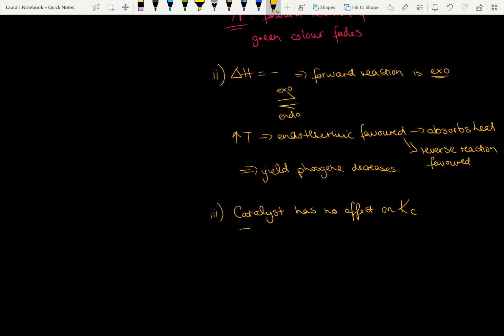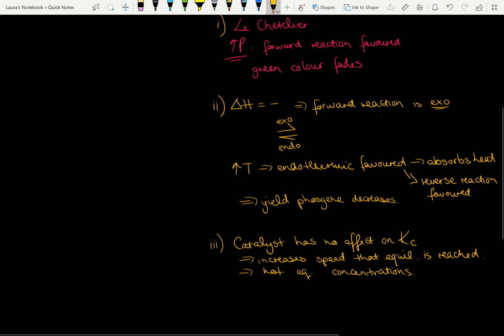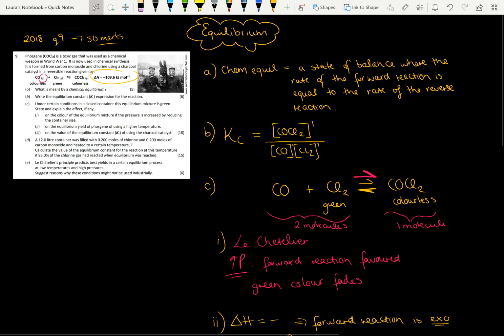But what it does do is increase the speed at which equilibrium is achieved. It doesn't actually affect equilibrium concentrations. So that is the third part of that question.